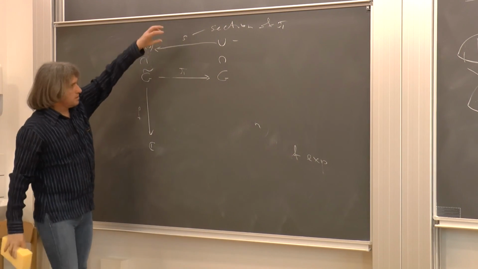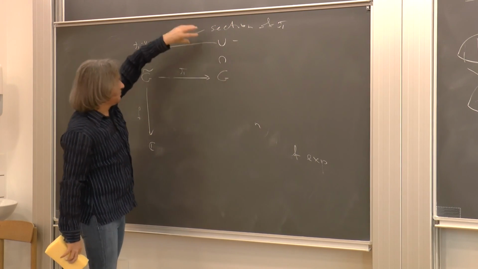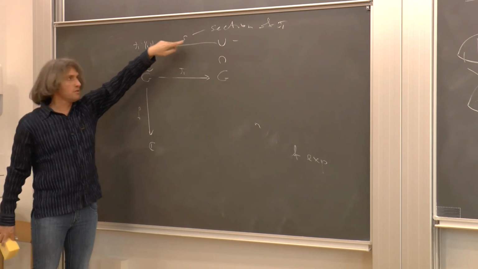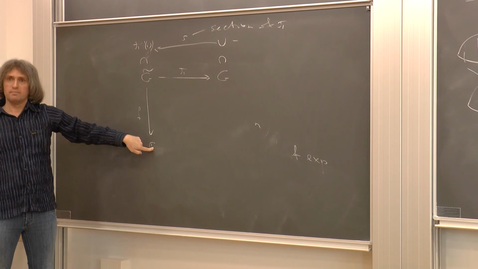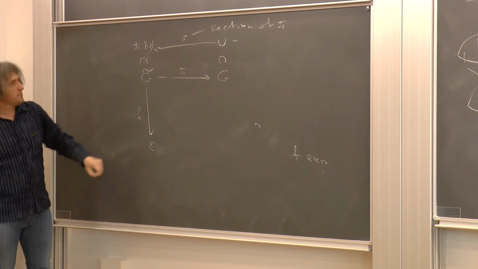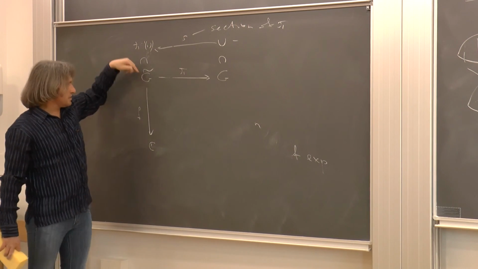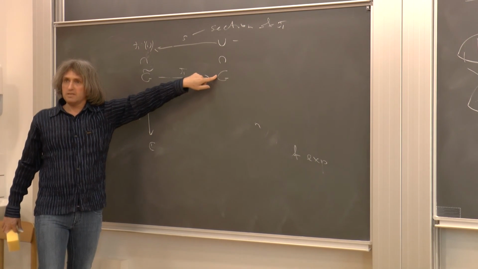So choosing a branch is finding such an open subset for which a section exists and choosing this section. After that, you just can go like this, and this will be your function. But since, in general, globally such a section doesn't exist, there's no global function defined on G. It's only a multi-valued function.